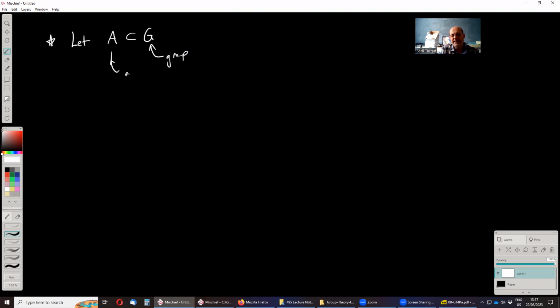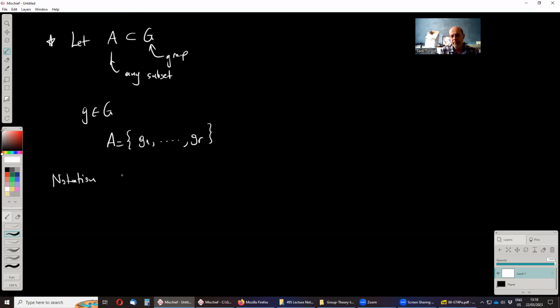This is any subset, and G is any element of the group. It doesn't have to be from the subset, and this subset does not have to be a group. A is basically a set where I can enumerate elements like G1 to GR or something like that. In any case, this is a notation.